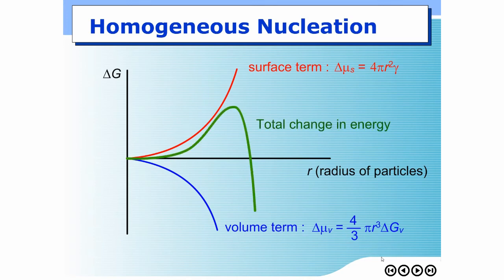Alright? If I try to find the net function, the green line here is basically the red line subtracted by the blue line. That represents the total change in energy by this precipitation process. Mathematically, you just add these two terms together.